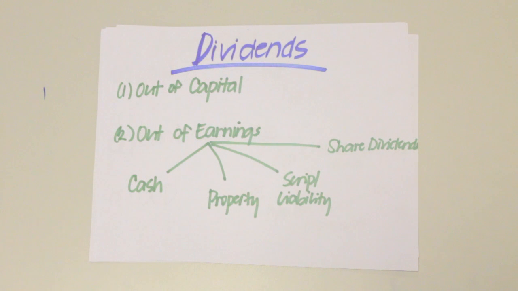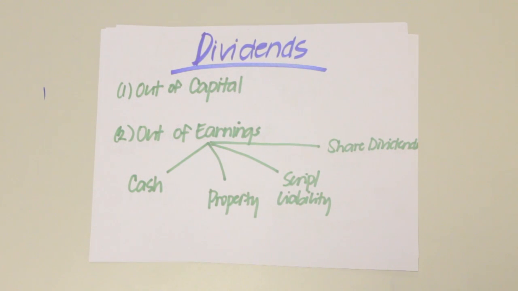A property dividend is a dividend payable in the form of non-cash assets. So this type of dividend reduces retained earnings by the cost or carrying value of the property on the date of declaration. Property distributed normally takes the form of assets that can be easily divided or allocated among stockholders. So, for example, would be the stocks of other corporations which is owned by the company.